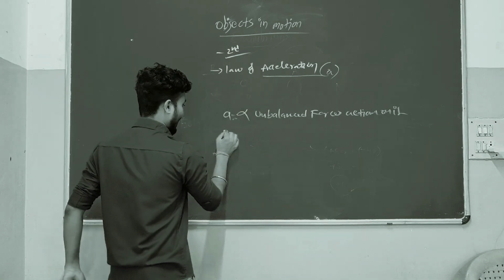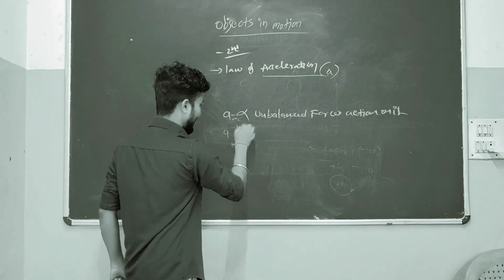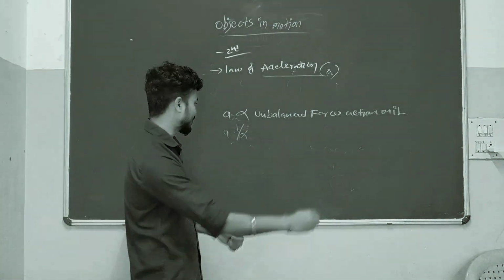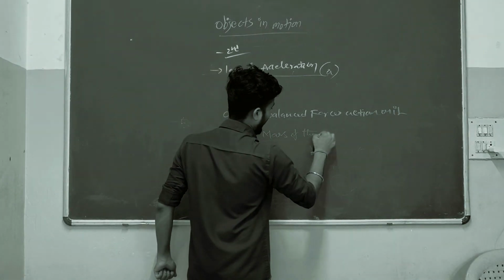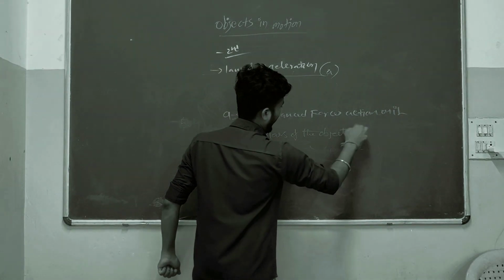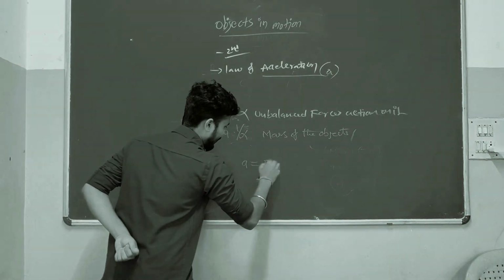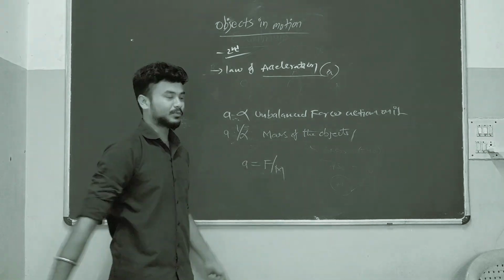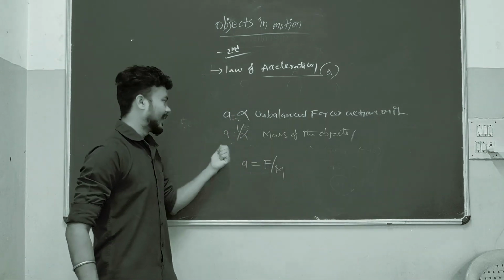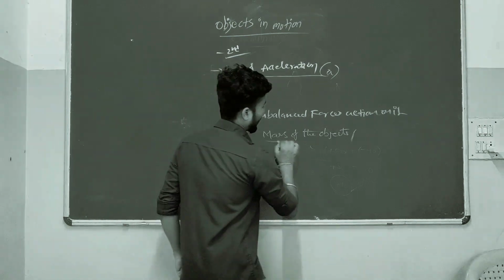At the same time, acceleration is inversely proportional to the mass of the object. What it means here, A is equal to force divided by mass, where this is the mass of the object. So it is directly proportional to the forces acting on it and inversely proportional to the mass of the object.